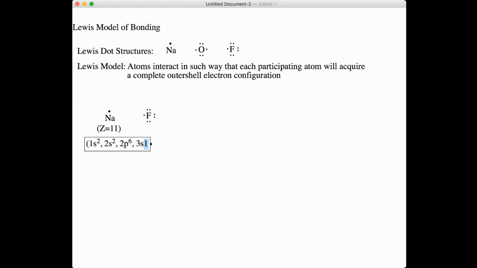And then fluorine, and we can only draw the valence shell if you want to. Fluorine is in group 7, so the atomic number is 9.